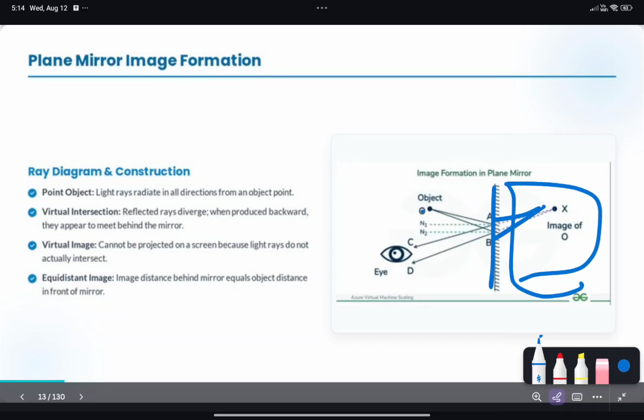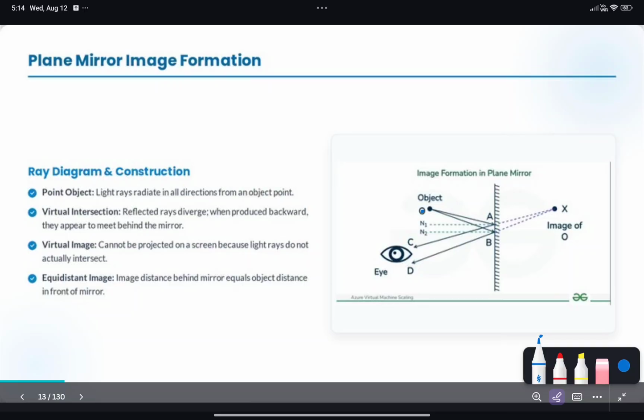Where these rays meet behind the mirror, those two rays meet here. So the image is formed here. Clear or not? See, one more time. Virtual intersection. Here intersection simply means intersect. Reflected rays diverge.